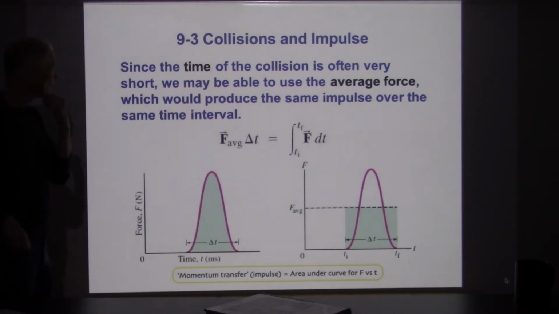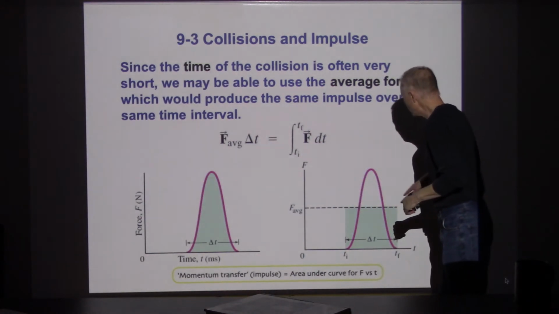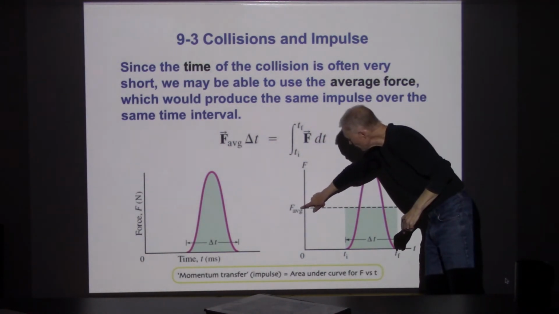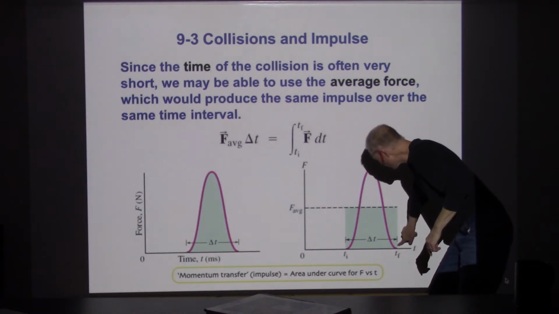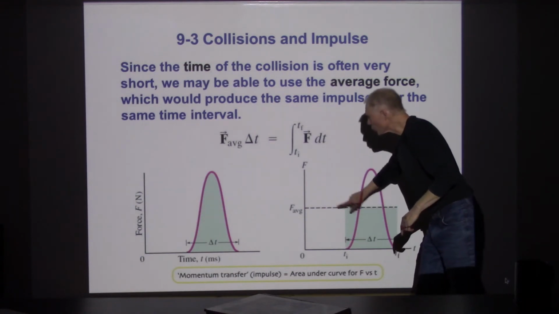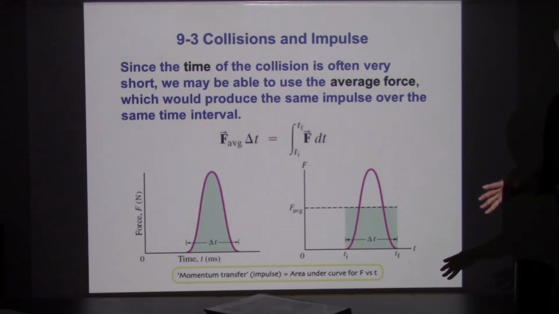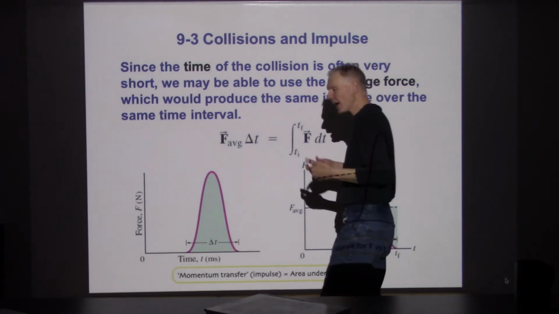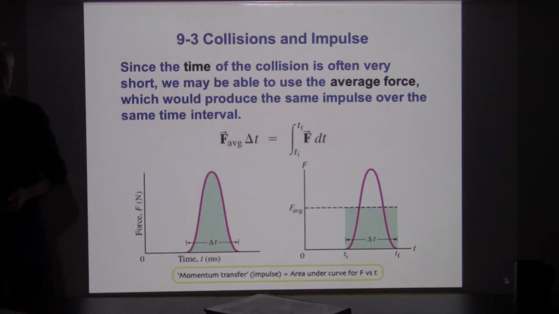And so if we choose to use an average force, what we're doing is finding the value of F where, if we treat the force as being constant, we get the same area under the curve. So if the areas match, then the impulses match. And if the impulses match, we'll have the same change in momentum for either situation.